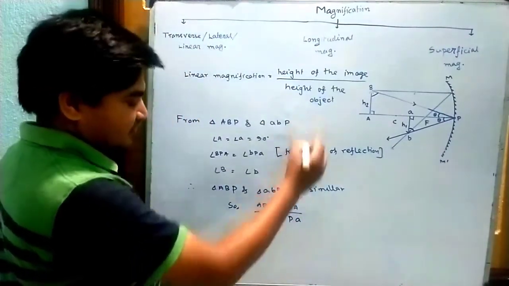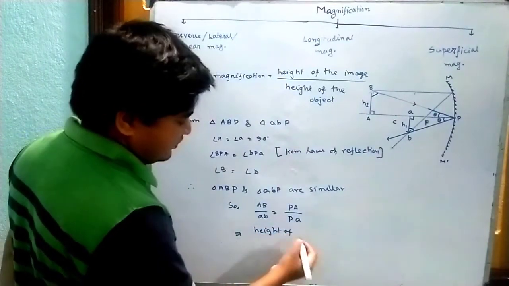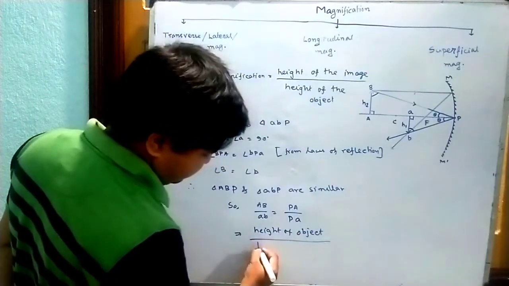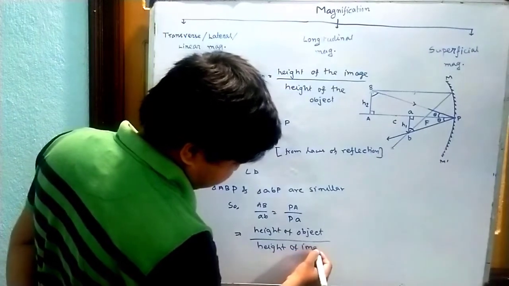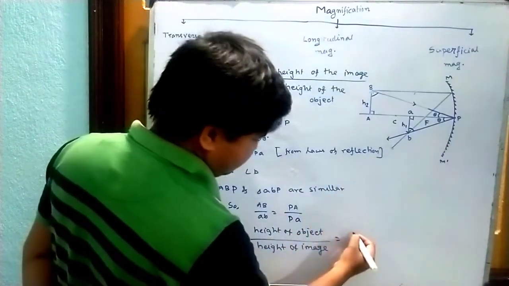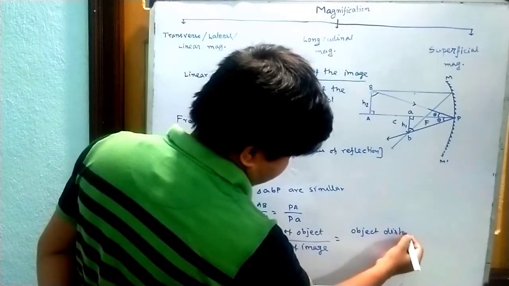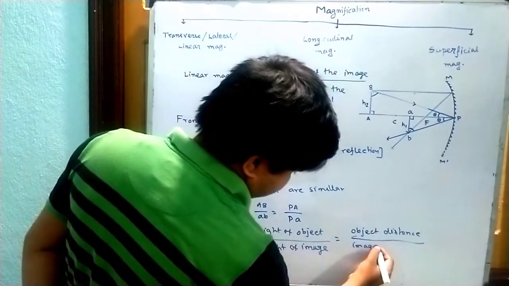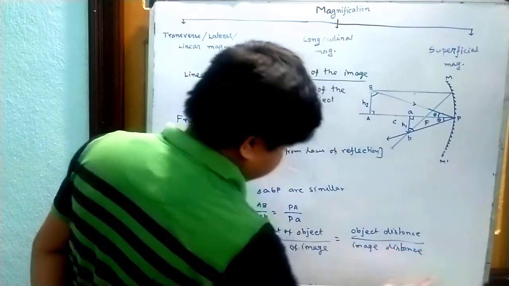So here AB is the height of object, A'B' the height of image, equals PA, the object distance, and PA' is the image distance.